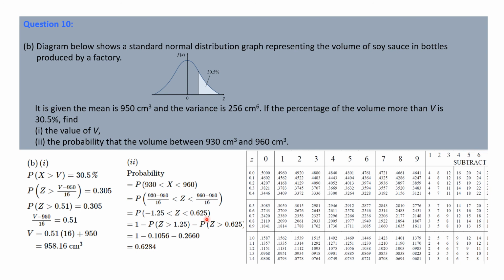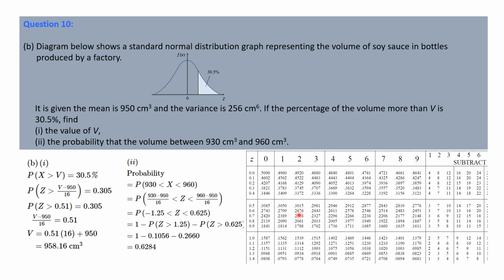So again, by referring to the normal distribution table, we look at 1.25. So here's the value of z, 1.25, which is 0.1056. And for the z greater than 0.625, we look here, 0.62.